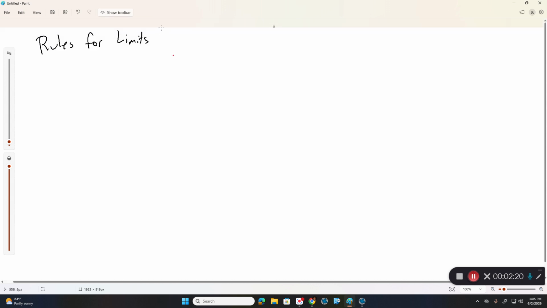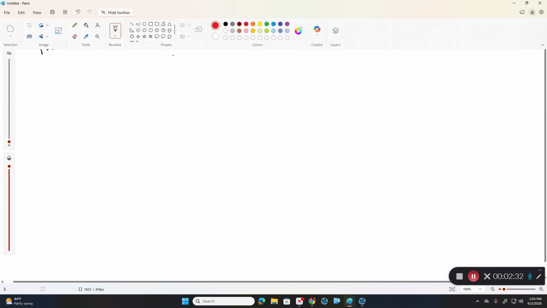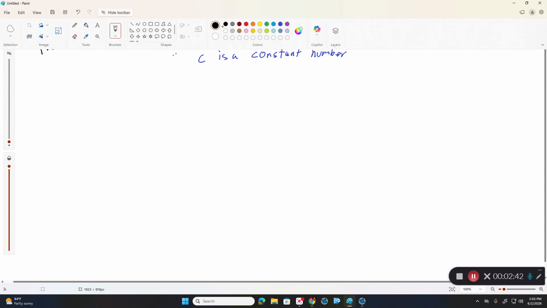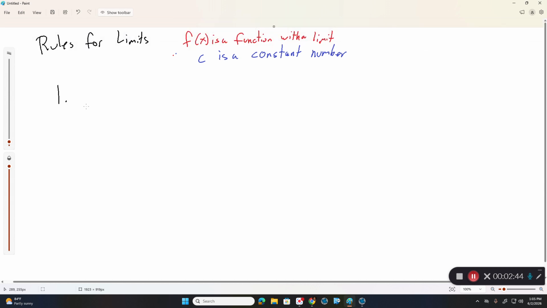And so just to make these things work, f of x is a function with a limit. And I'm also going to say that c is a constant number. Okay? So, what are a couple rules that we can talk about for our limit?